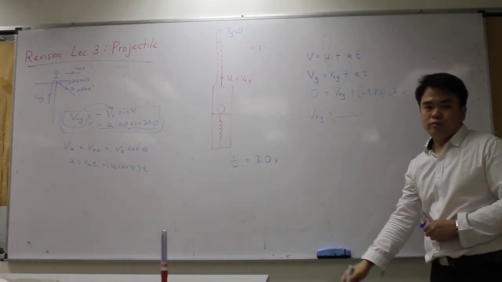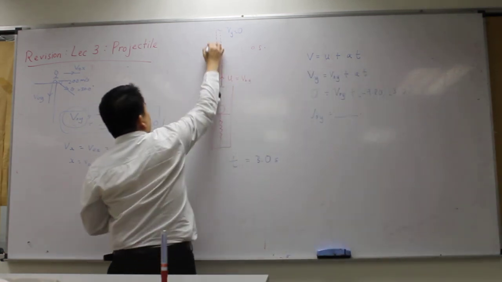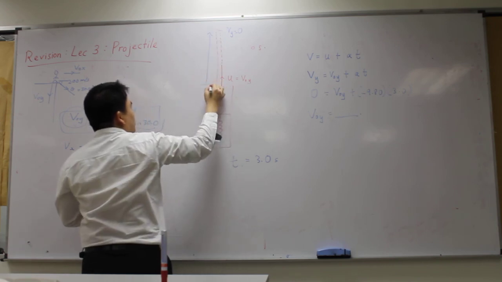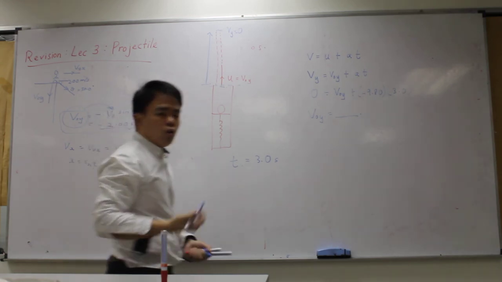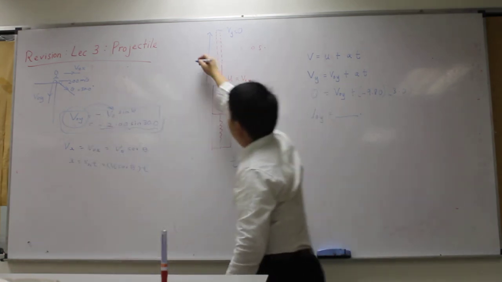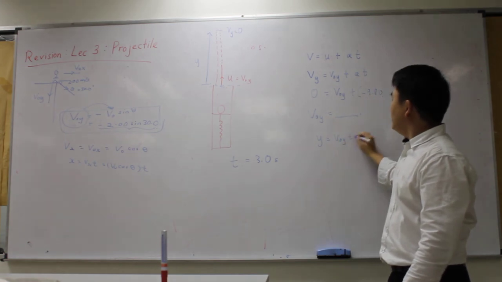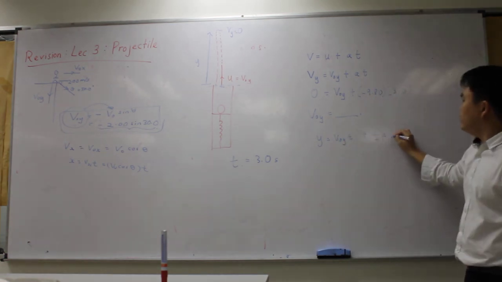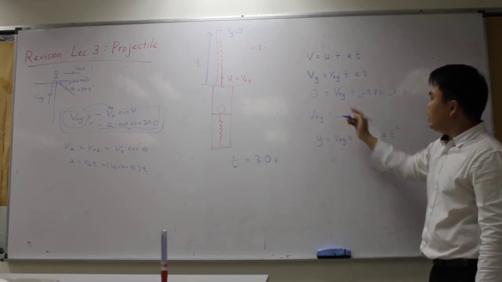What is the use? I want you to find the displacement from the reference here until the maximum height here. Let me define this as y. So y equals V0y t plus half a t squared. t is 3 seconds, and by now you know the value of V0y.